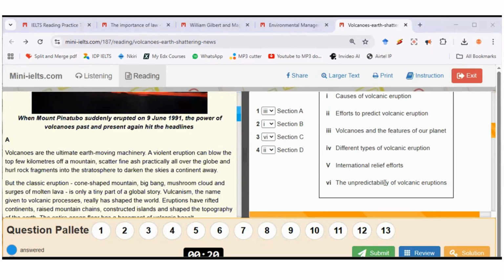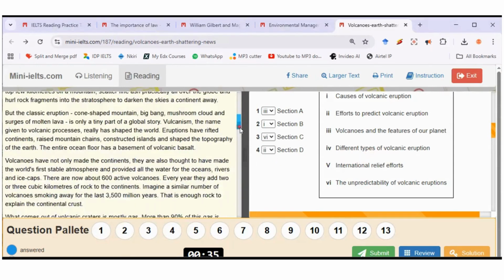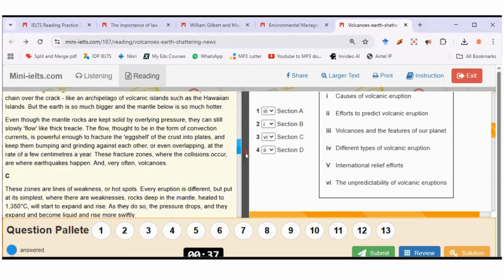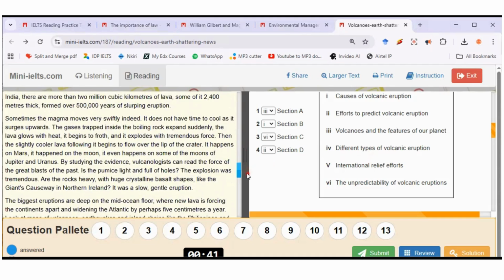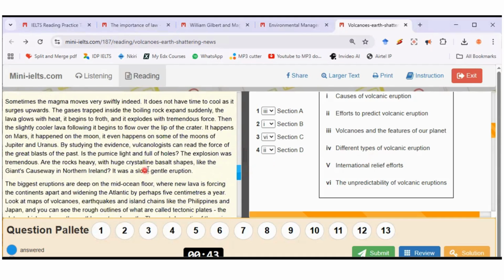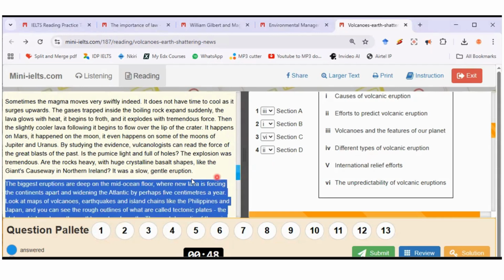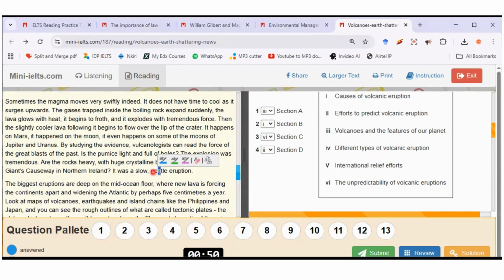I picked unpredictability instead of picking different types. Different types of volcanic eruption. Is that not what I picked? That was a mistake. I think that was what I said for section C. If you recall, when I was solving this section C, I talked about slow, gentle eruption and then biggest eruption.